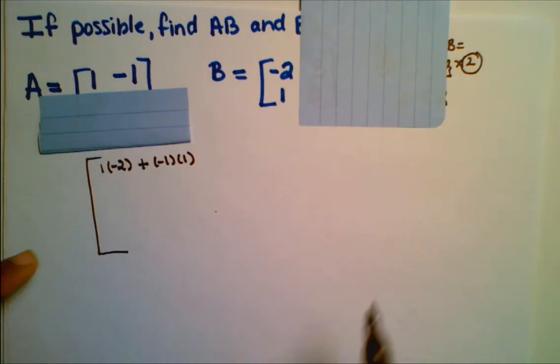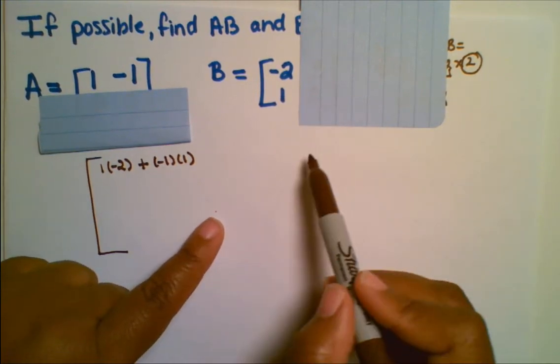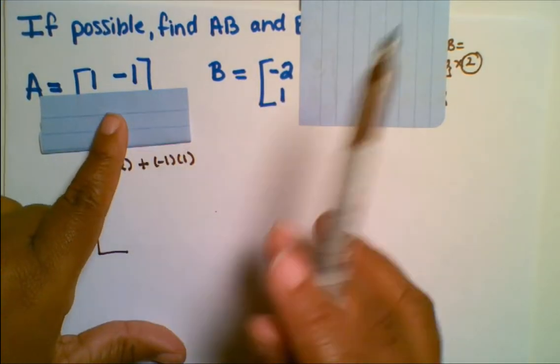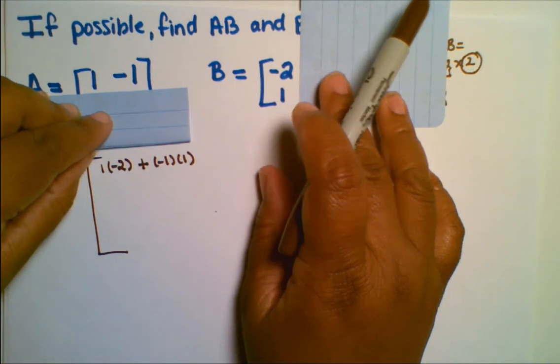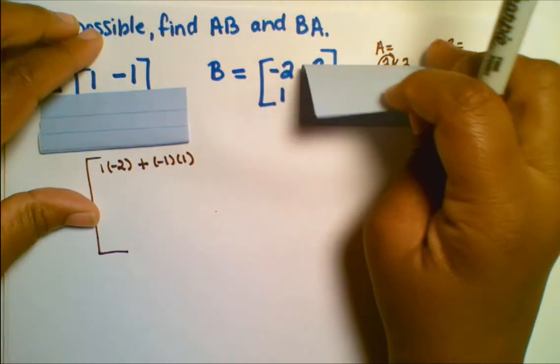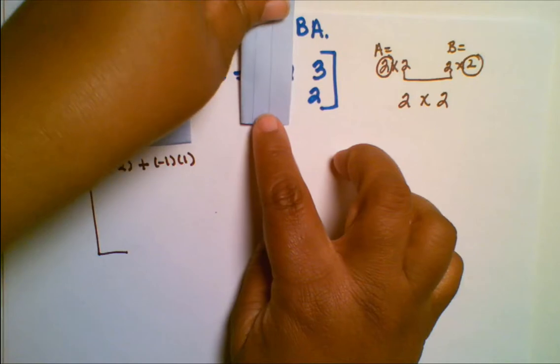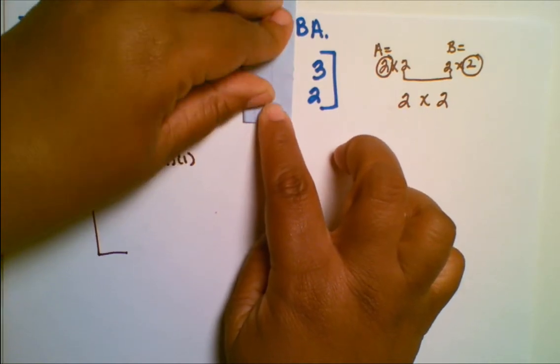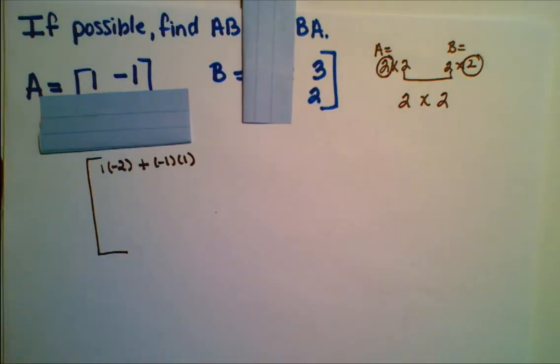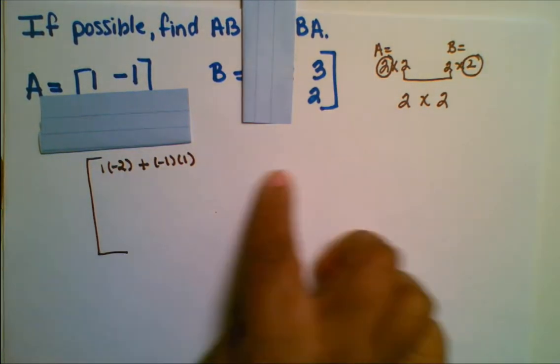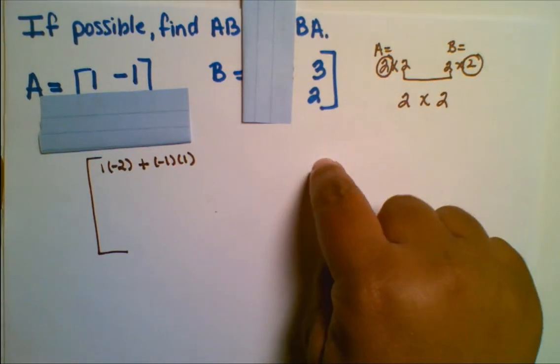Now we're going to look for the first row, second column. I'm going to cover up that part in B, because our focus is on the first row and the second column.